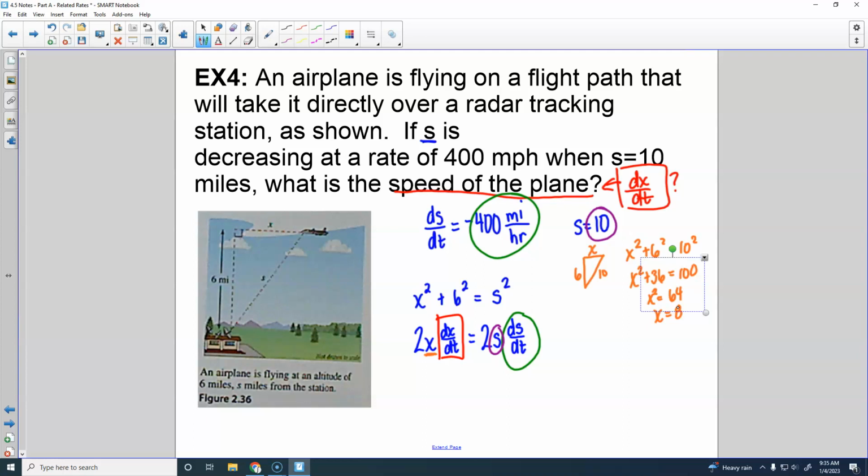X is equal to 8 miles, right? Not to mention how gigantic the building would be, compared to the 6 miles. A lot of times when they tell you it's not drawn to scale, they don't really mean it. That building's about as tall as the mountain.